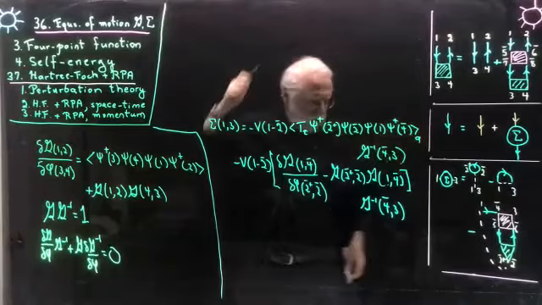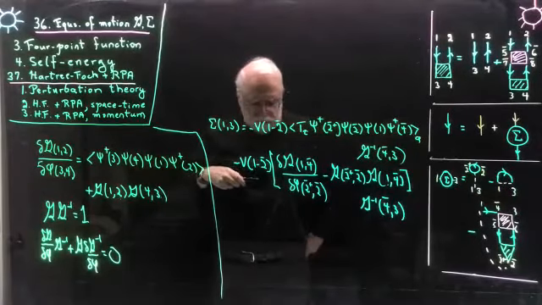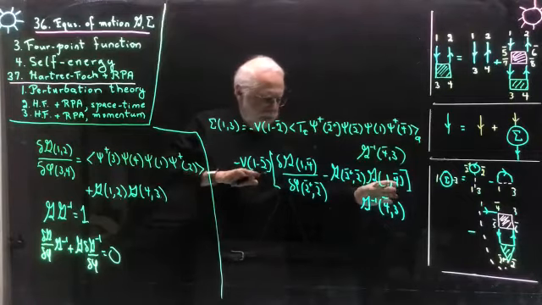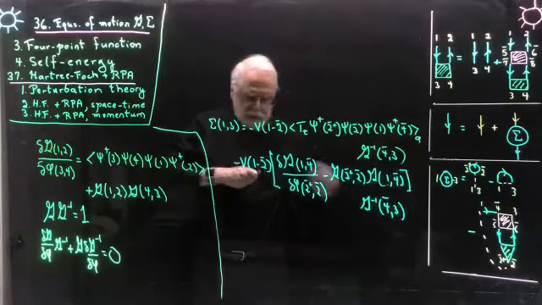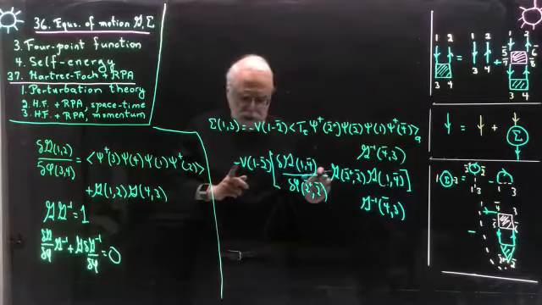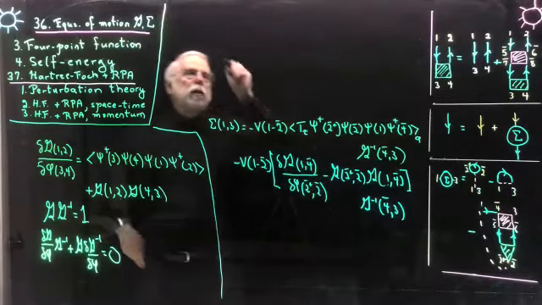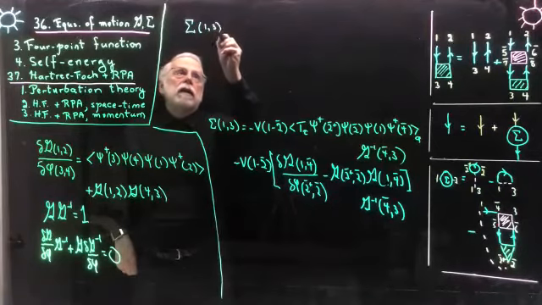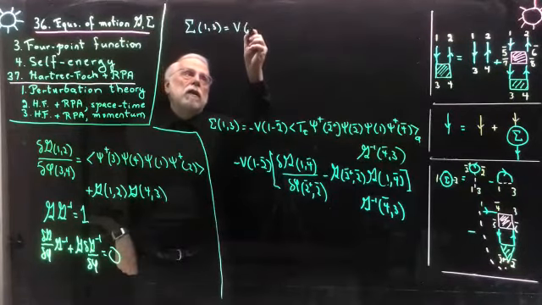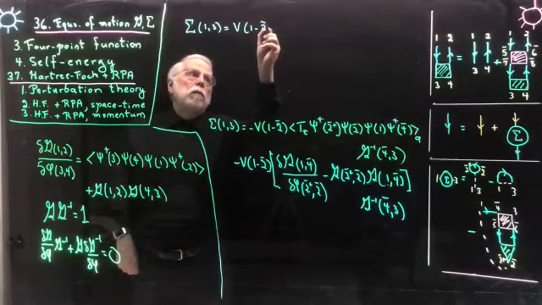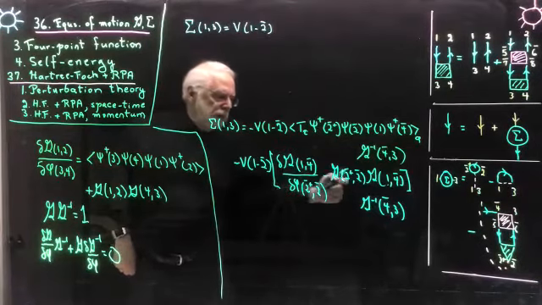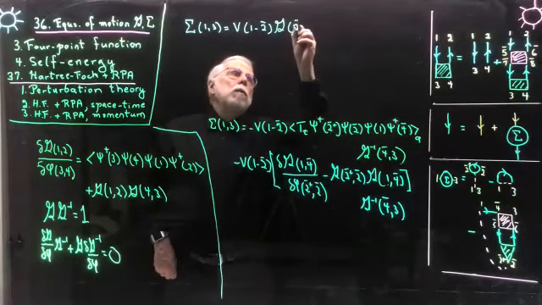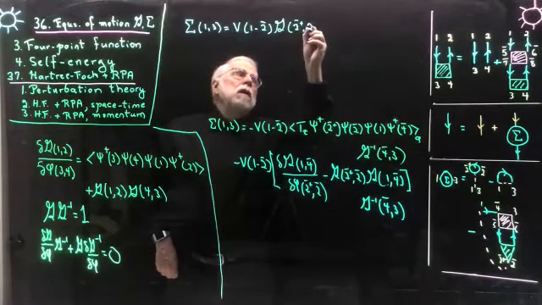Okay, so now there's a first term that comes from this here. So the minus times minus is plus. So I have sigma 1, 3 equals V1 minus 2 bar times G of 2 bar plus 2 bar.